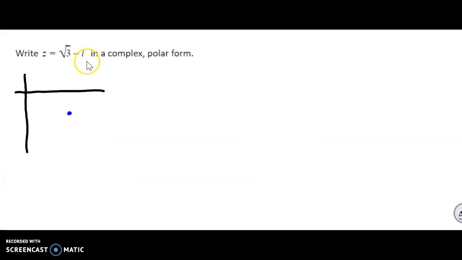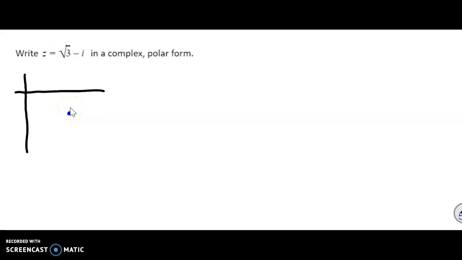Now in this first example, we're going to take the example we started with, z equals square root of 3 minus i, and rewrite it in polar form as a complex number. This is what we're already used to in a rectangular xy equation, but now we're going to change it into polar form using r and theta. I just guesstimated where this point might be.